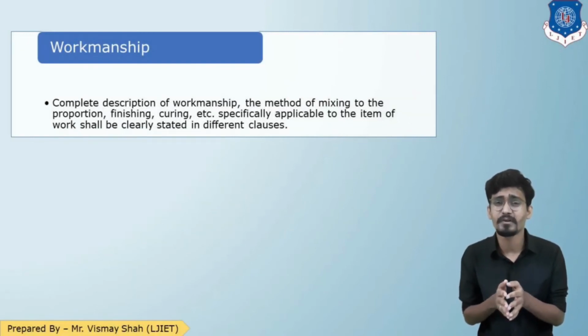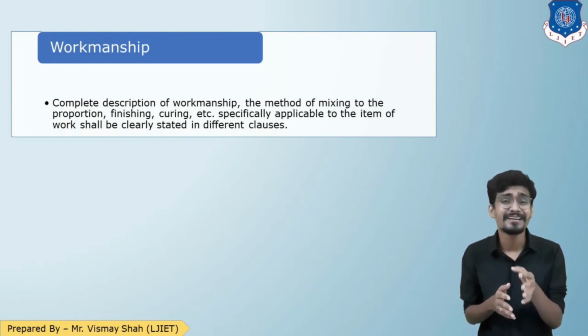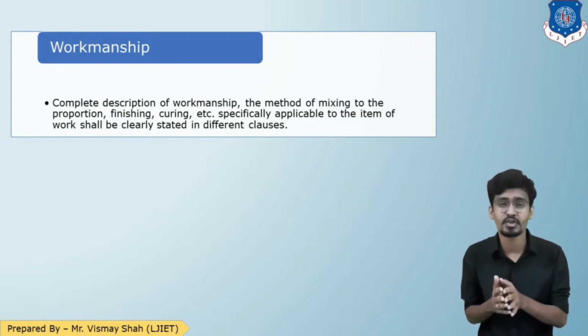Moving forward, the next is workmanship. Complete description of the workmanship, method of preparation of an item, mixing, curing, etc., whichever is applicable to the item of work, should be clearly specified in different clauses of the specification. Workmanship is one of the important points, because at the end, the client is going to check the quality, how it is being finished.